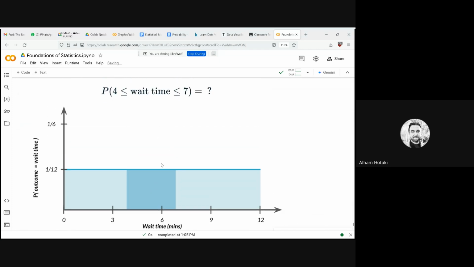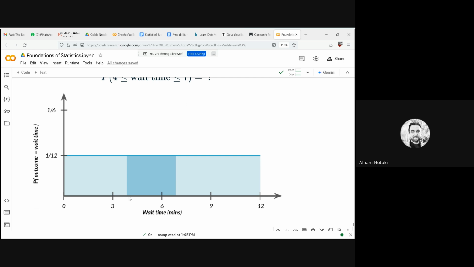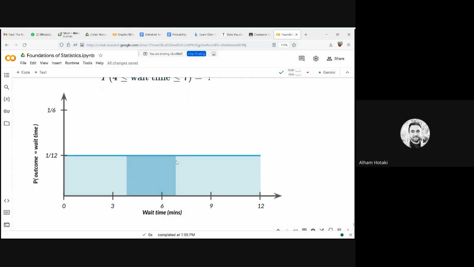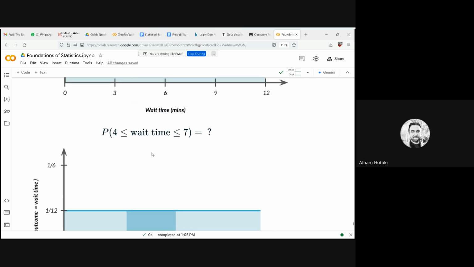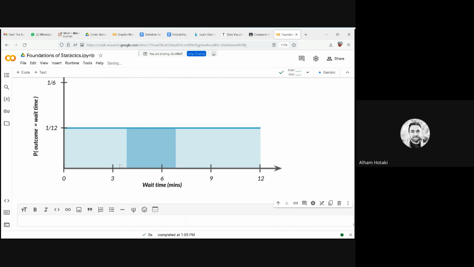Here, area is very important. 4 is included, and 7 is also included. So you have 4, 5, 6, and 7. What will be the probability of waiting times between and equal to 4 and 7? It is this area. This is how you calculate the probability between 4 and 7, yeah? And how do you do that?